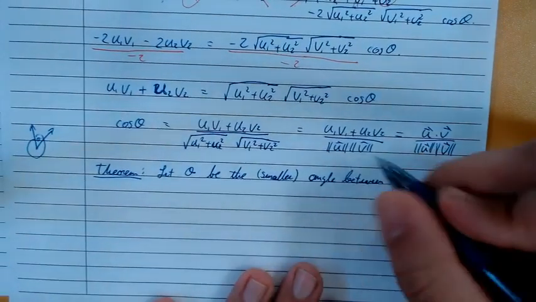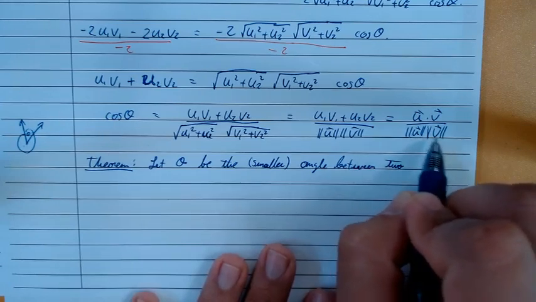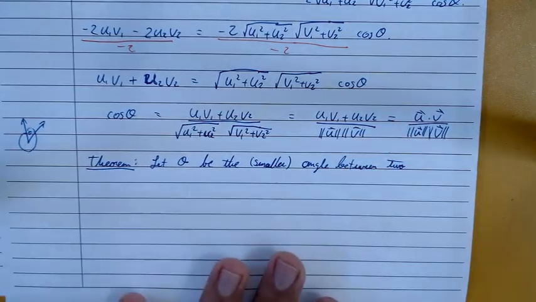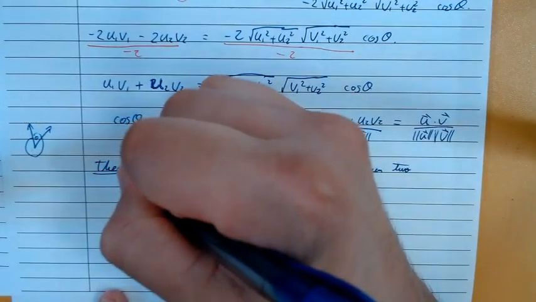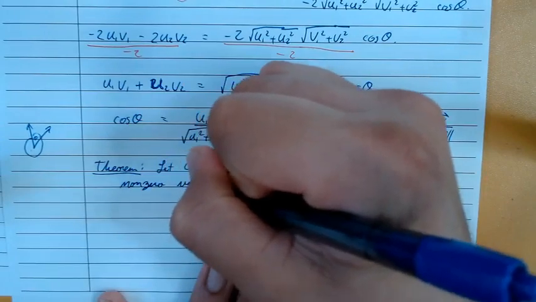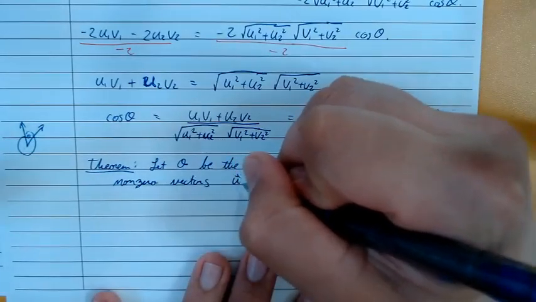two non-zero vectors. We don't want them to be zero, because if they're zero vectors, then these denominators are zero, and then the whole thing is undefined anyway. So here we want theta to be the smaller angle between two non-zero vectors, which we'll call u and v.